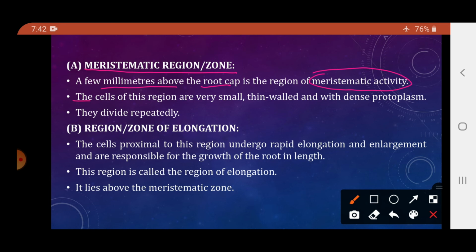The cells of this region are very small, thin-walled, have a dense protoplasm, and they divide repeatedly. See, meristematic tissue, you studied this in 9th standard, and we will study it again in the next chapter also.